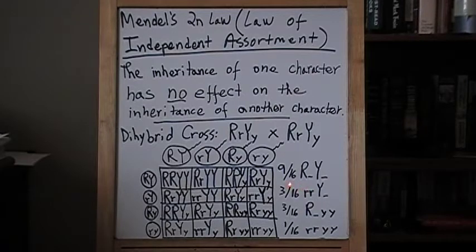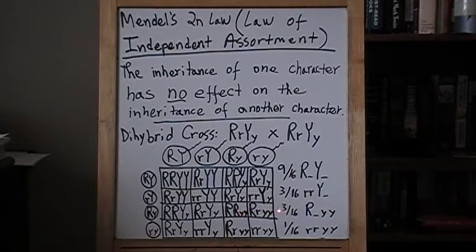The next phenotype is 3/16 wrinkled yellow. So if you go through here, you find 3 of these squares have 2 little r's and at least one large Y. So that's wrinkled yellow. And the next phenotype is 3/16 round green.